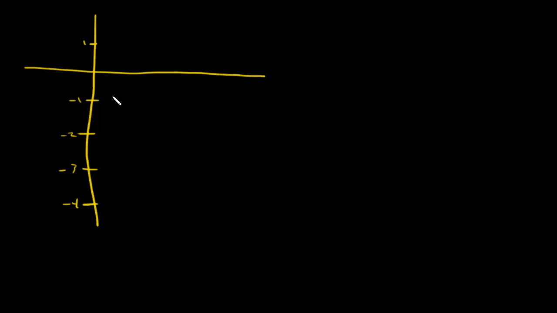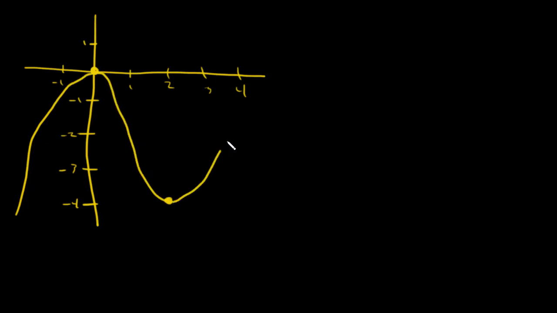Alrighty, and then we'll go over here. -1, 1, 2, 3, and 4. Alrighty, so I'm going to attempt to draw this. I'm going to put 2 points on here to guide me because I know those 2 points exist on this function. Alright, here we go. So I have, oh boy, this is harder than it looks, I promise.